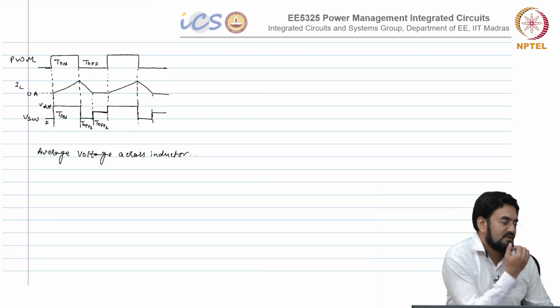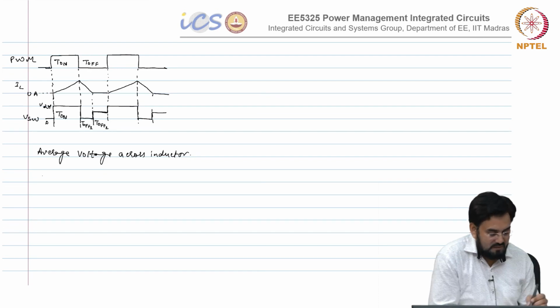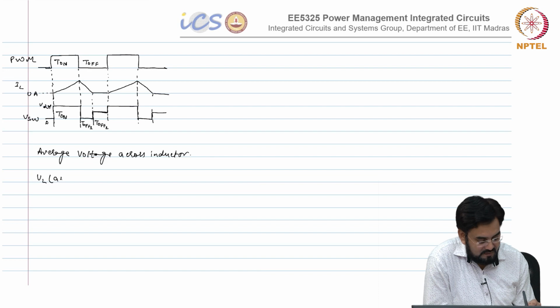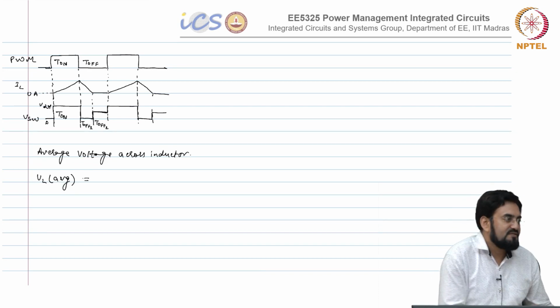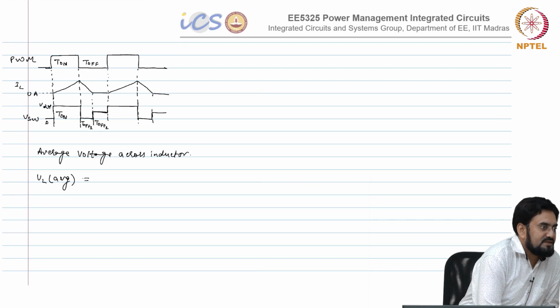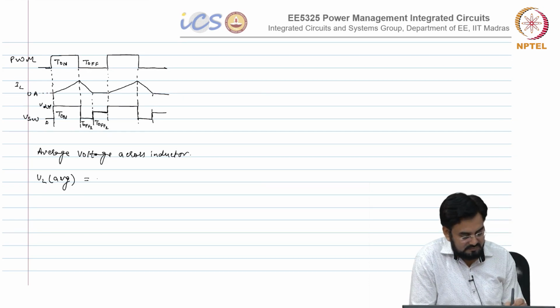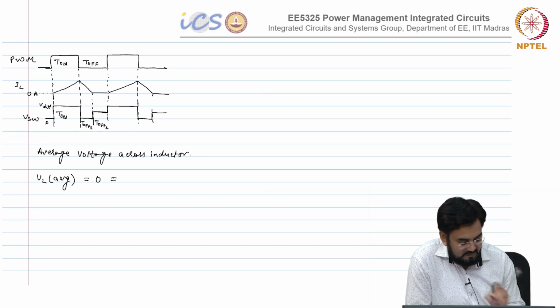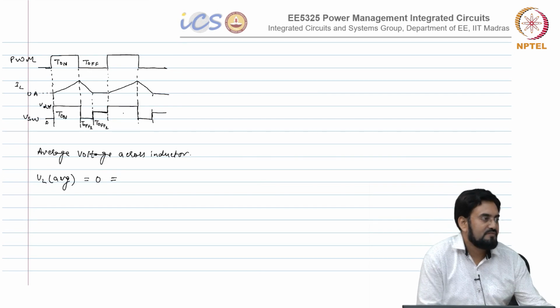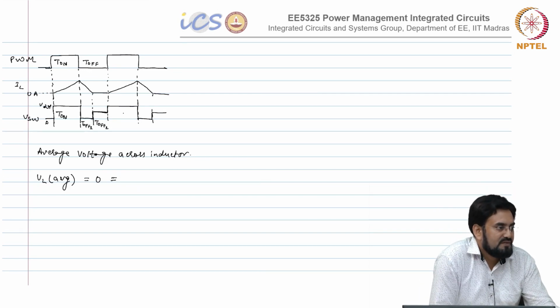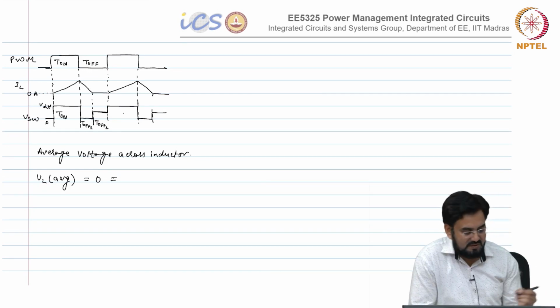What should be the average voltage across inductor? VL of, what is the condition for regulation? What should be the average voltage? 0. So from this waveform, we can find the average. So what is the average?